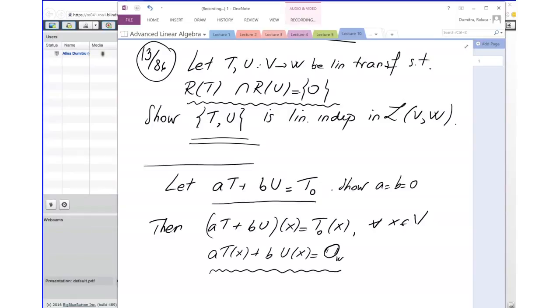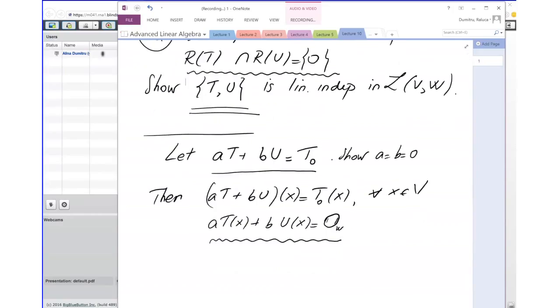All right, so somehow we need to reach some identity involving things in the range of T and the range of U, correct? I have A times T of x, but that's the same as T of ax, right? Because T is linear, so it can incorporate the scalars. And then I have B times U of x, so that's the same as U of bx.